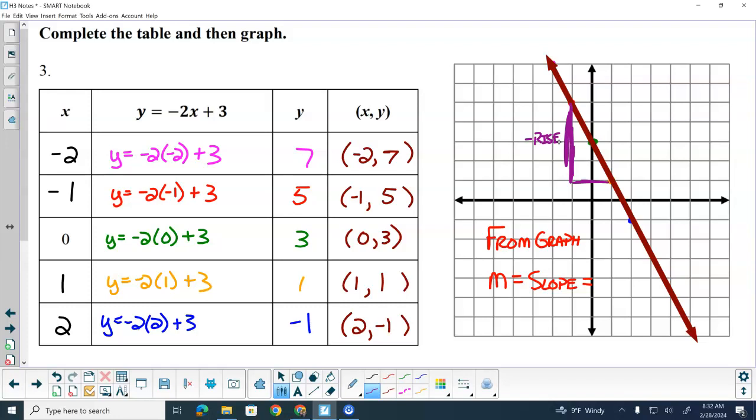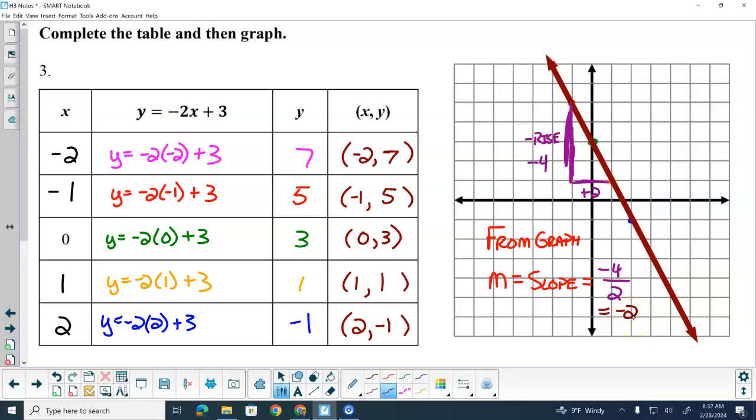I rose 4 down, so -4 is my rise, and my run was +2. Do I like -4 over positive 2 as a fraction? What do I like instead? I like negative 2 instead.